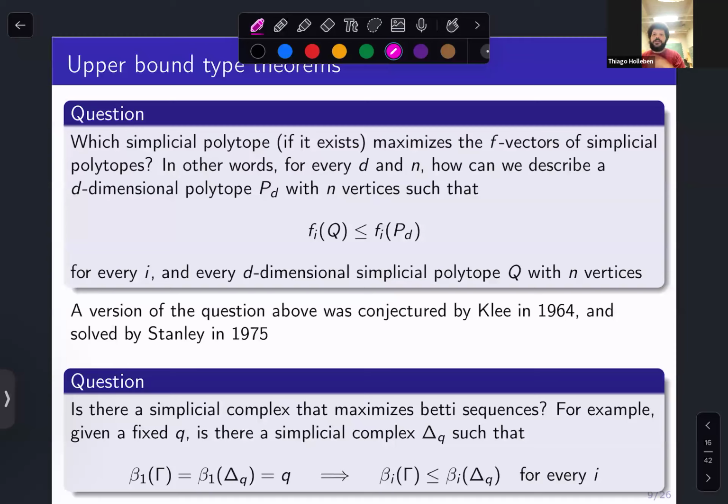When we talk about these Betti sequences, we don't fix anything. We really only fix the first entry of the Betti sequence, which you can prove.